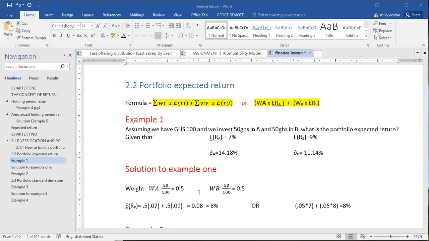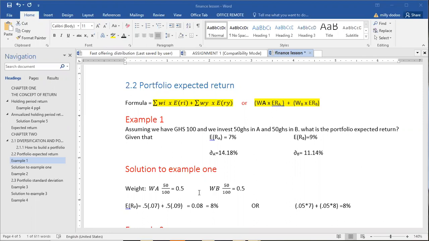Okay. I was saying that whenever you have been asked to find portfolio expected return, know that the answer you are going to get is going to be between the highest individual return they gave you and the lowest individual return they gave you.